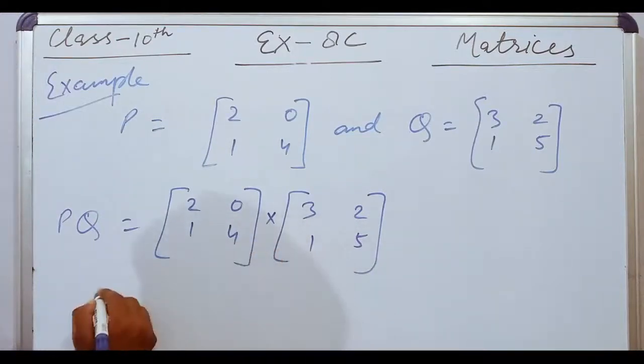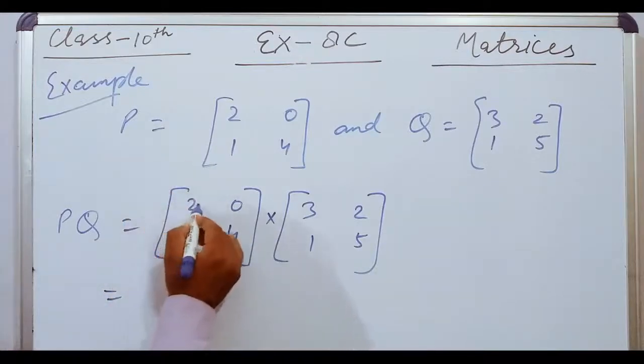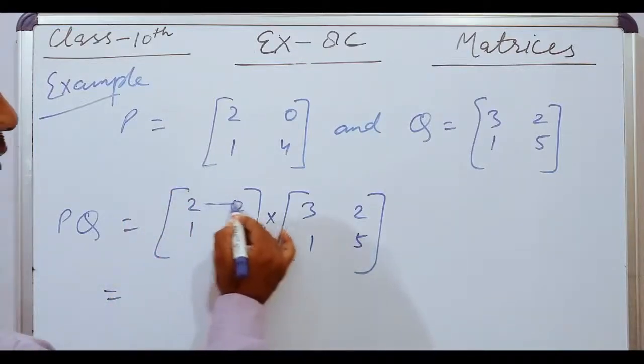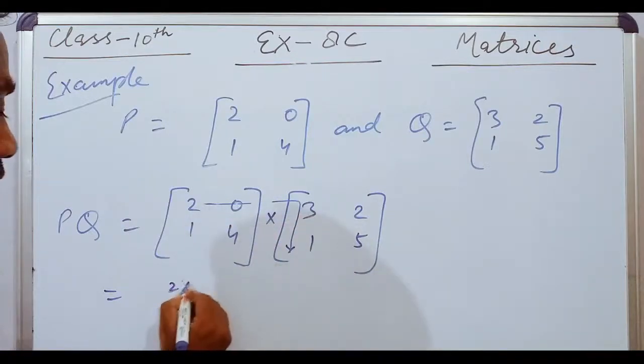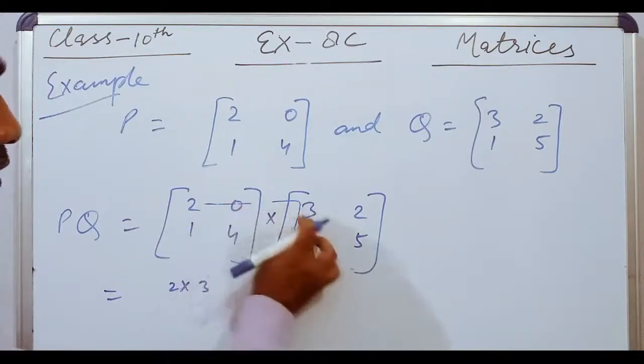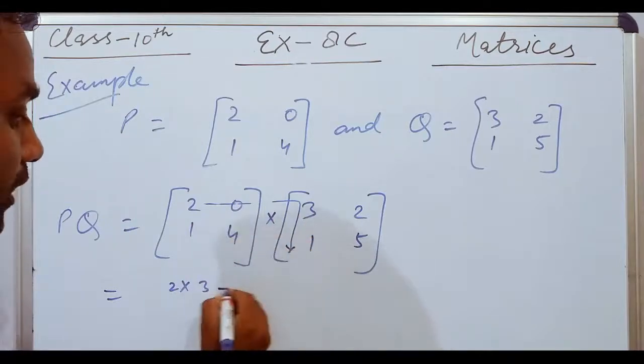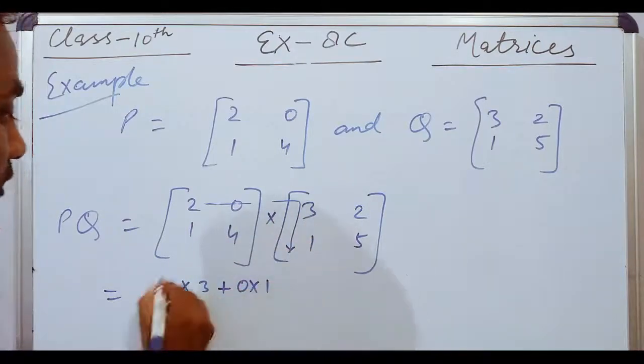Now how will we multiply? See, like this we will multiply. For A11: 2 into 3 plus 0 into 1.